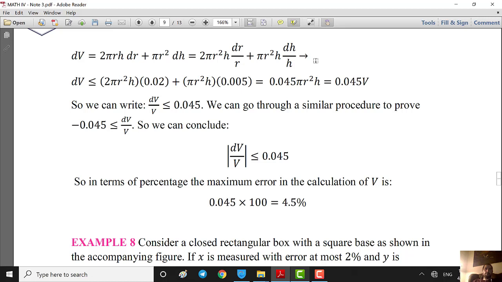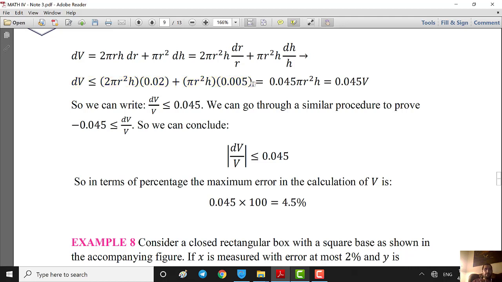Now look, dr over r, its absolute value is smaller than 0.02, and dh over h is smaller than 0.005. So we can conclude that dV is smaller than pi r^2 h times 0.02 plus pi r^2 h times 0.005.